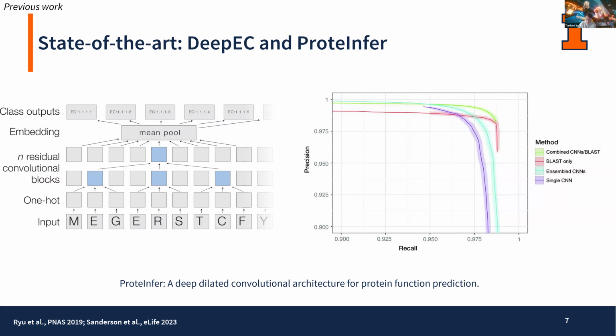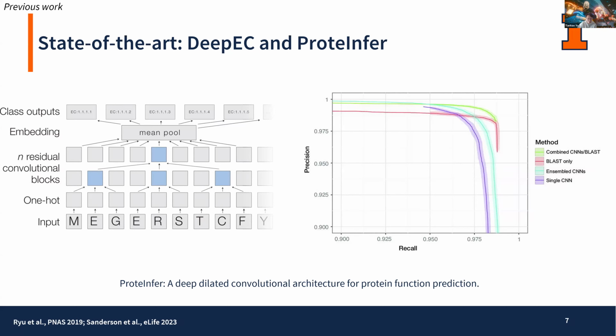And then the features are increasingly dilated, allowing the top residual layer of the network to come up with a meaningful representation of the protein sequence itself. And on the right is a performance chart that I took from their paper.